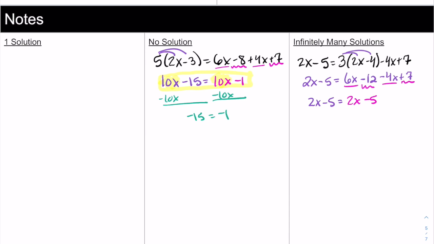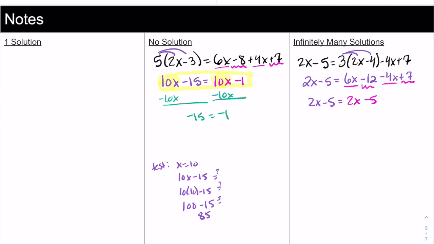So it's impossible for those things to be equal. You can never take 15 away from a number and take 1 away from a number and end up at the same place, right? Here's what I mean by that. If we're going to test, if I picked x equals 10, 10x minus 15 would be 10 times 10 minus 15, so 100 minus 15, we would get 85.